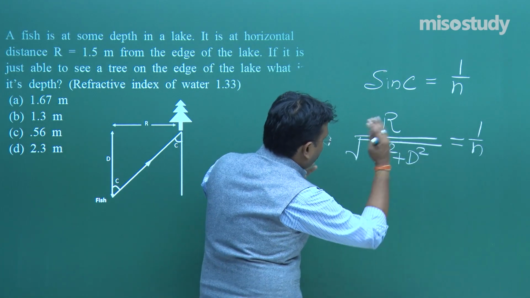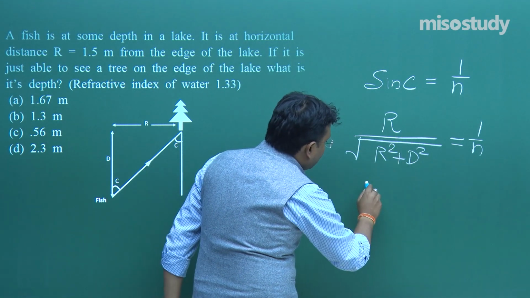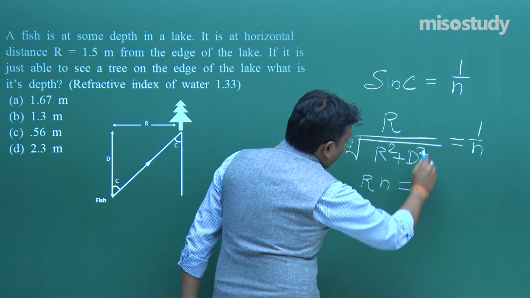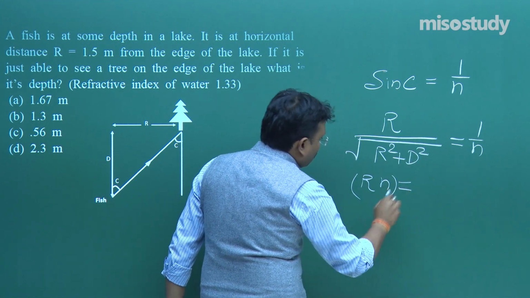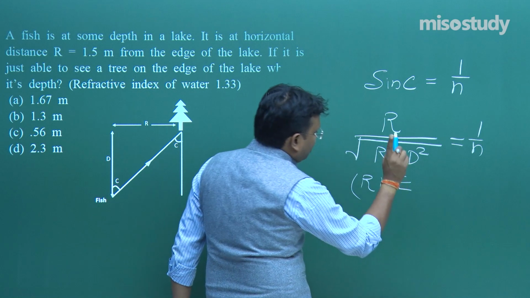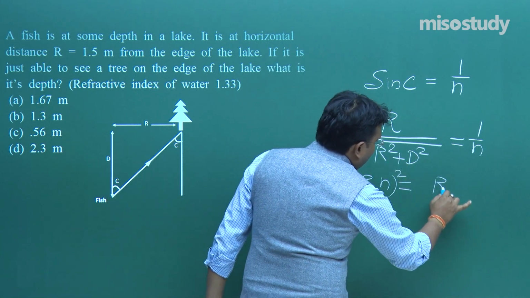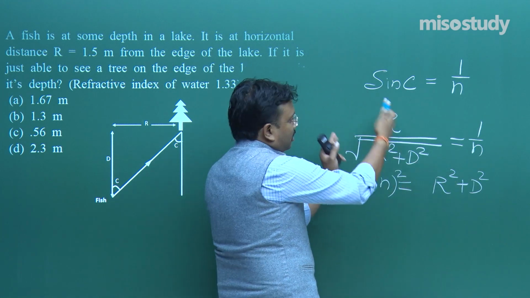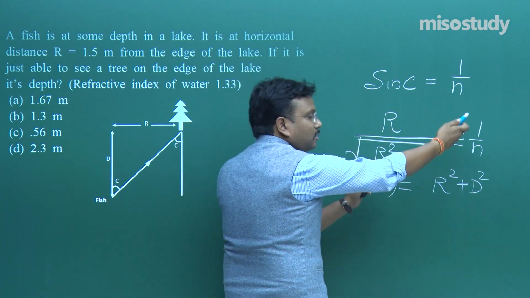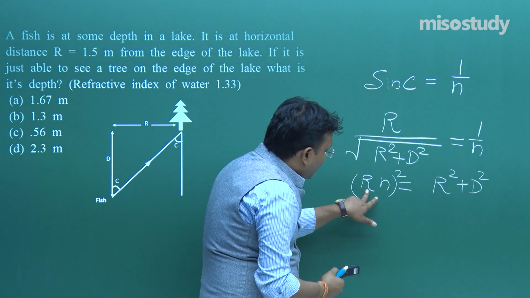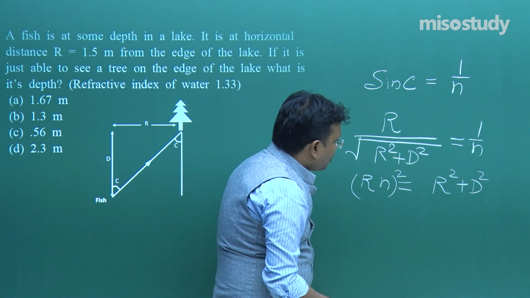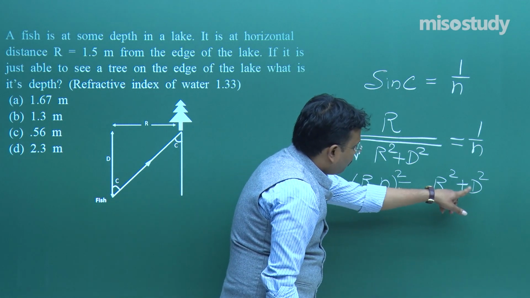Now, let us try to solve it. How? From here, students, I can say Rn is equal to root of r square plus d square. We can do 2 steps in one go, that is, square both sides and then put the values. So, now r square n square is equal to r square plus d square, fine.